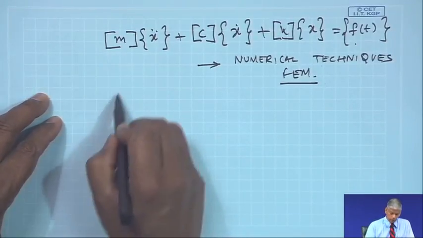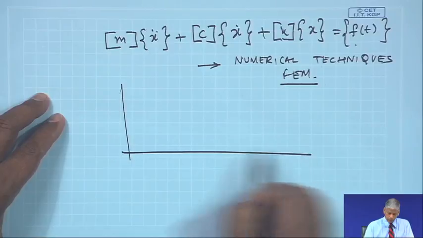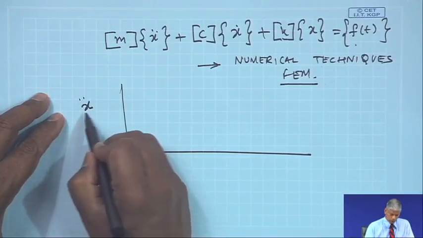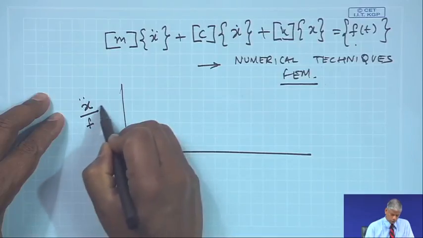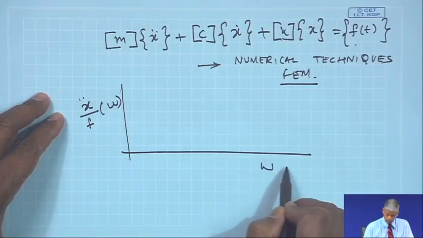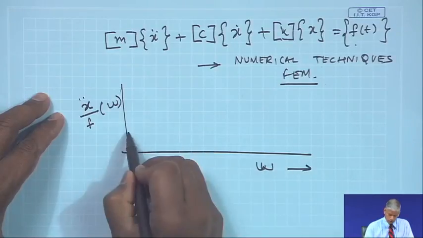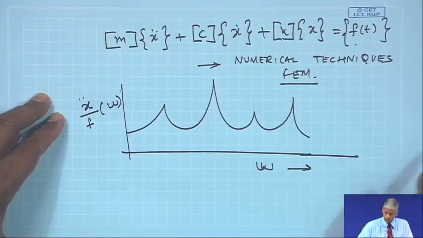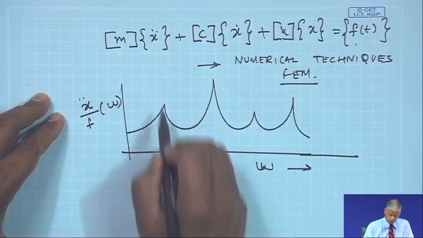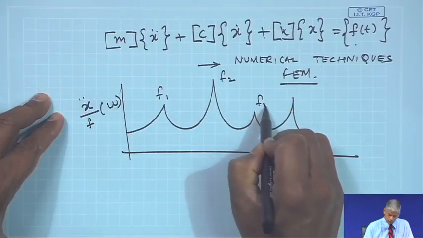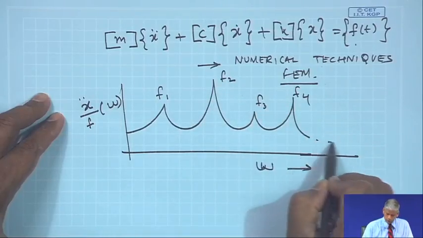So, if I have a multi-degree of freedom system and I look at the response x double dot by the force, maybe in the frequency domain, I will get responses like this. These peaks are nothing but the resonant frequencies f1, f2, f3, f4 and so on.